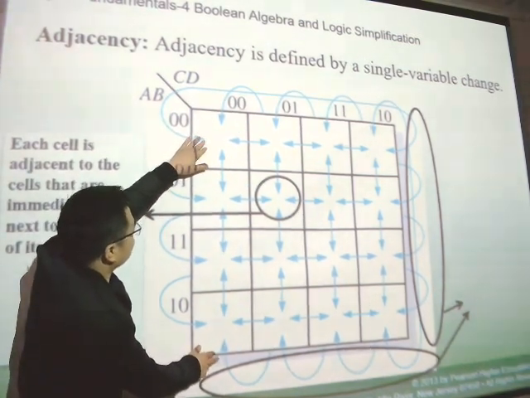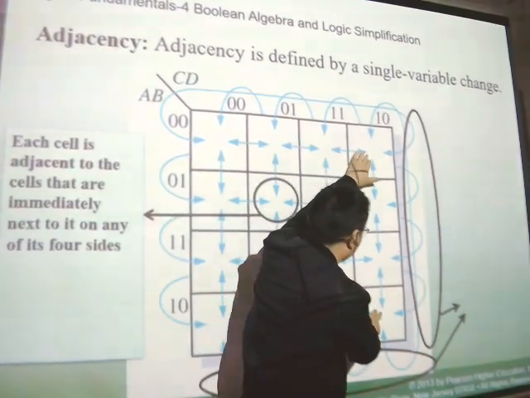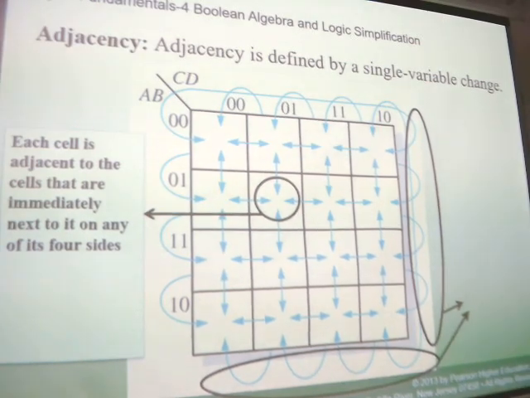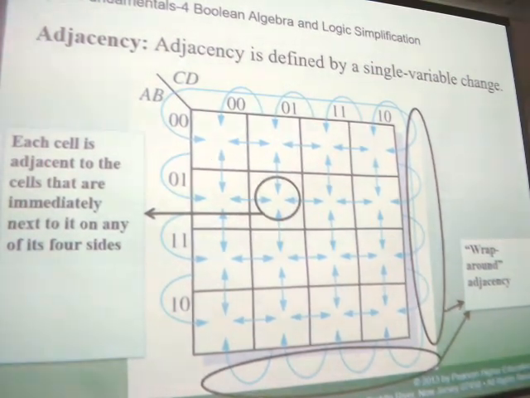If these 2 cells are adjacent to each other, we call this wrap around adjacency.